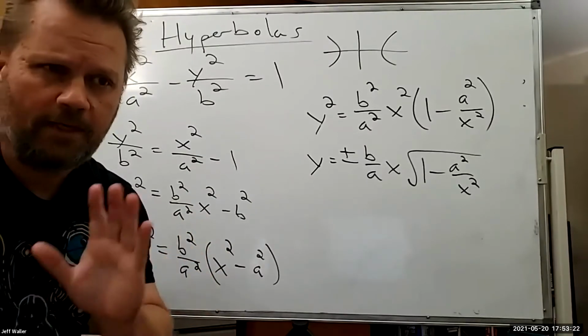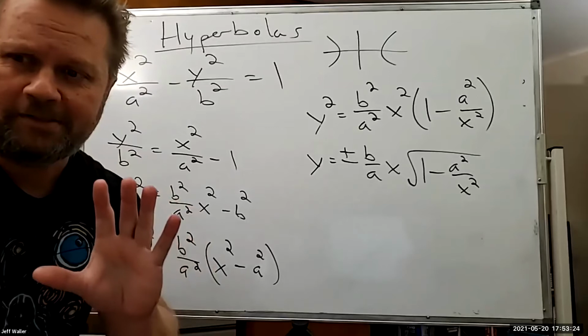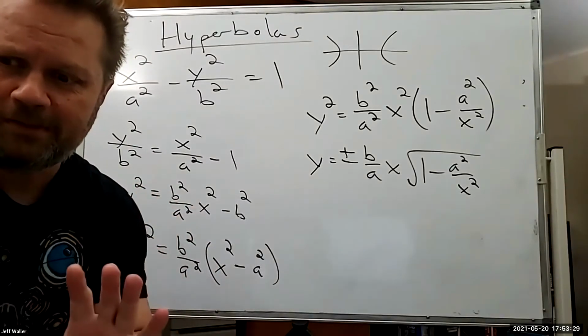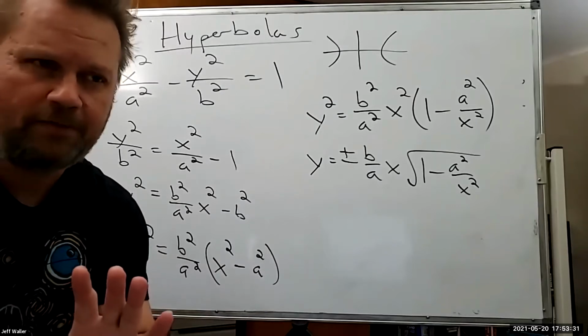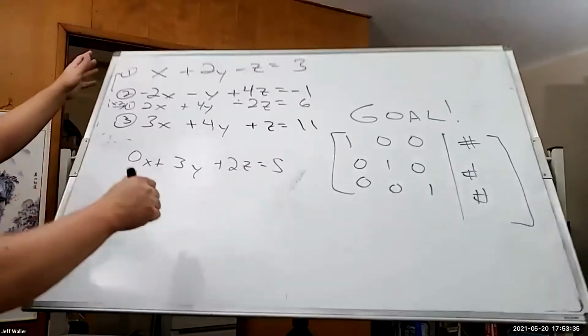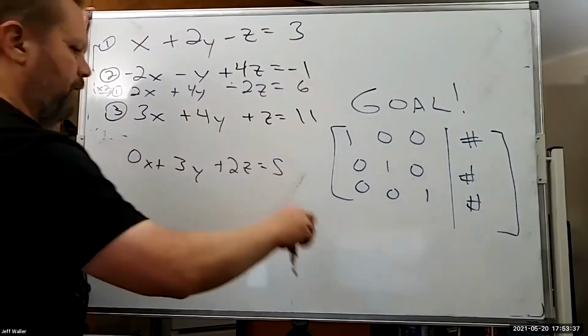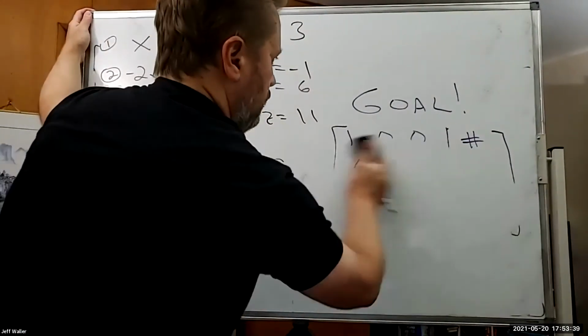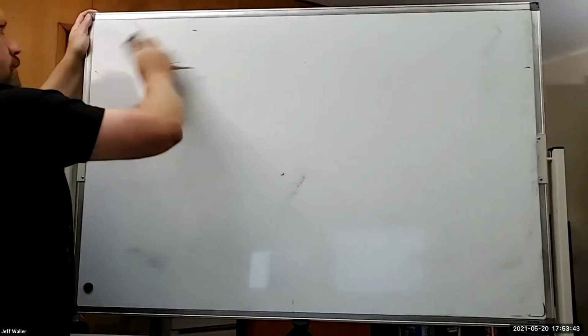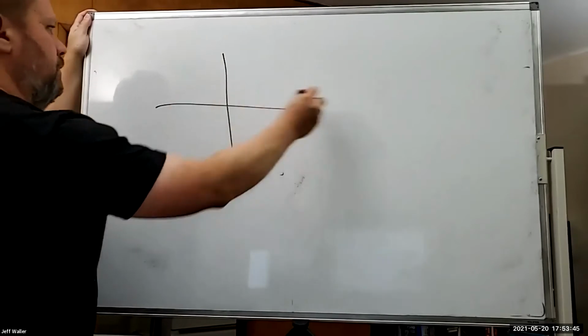Horizontal asymptotes come into play when x gets big.